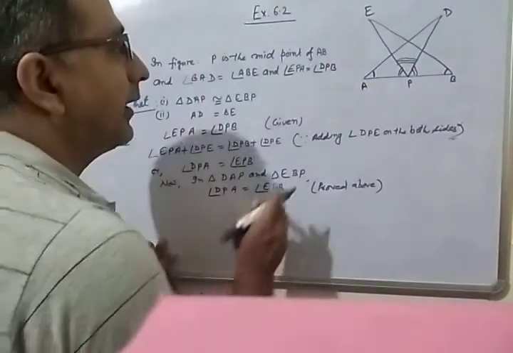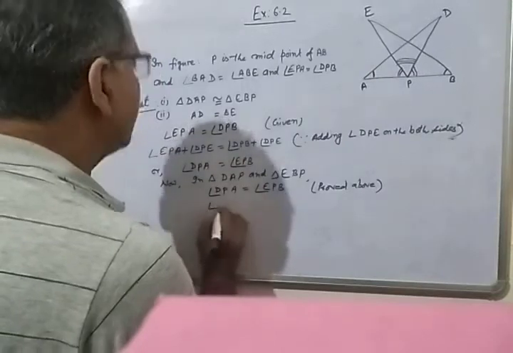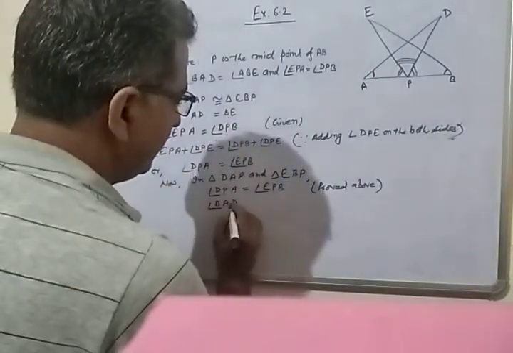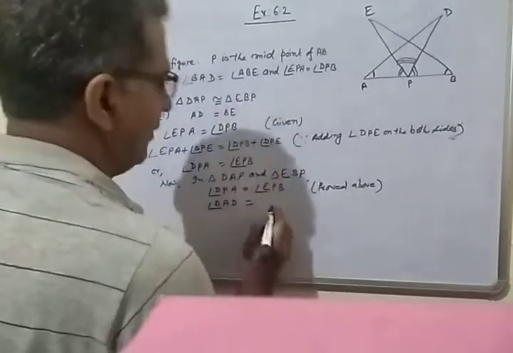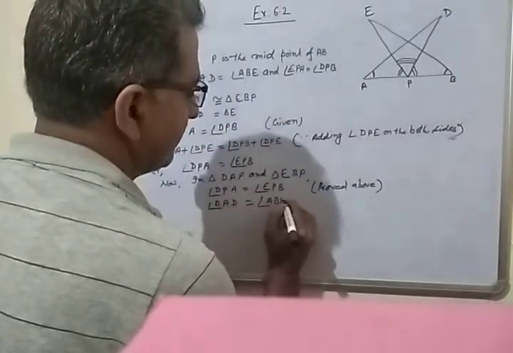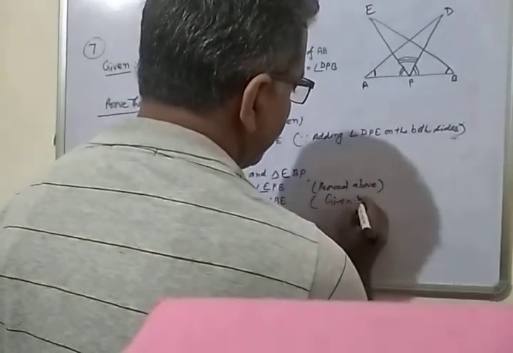Next angle: BAD is equal to angle ABE. That is given in the question.